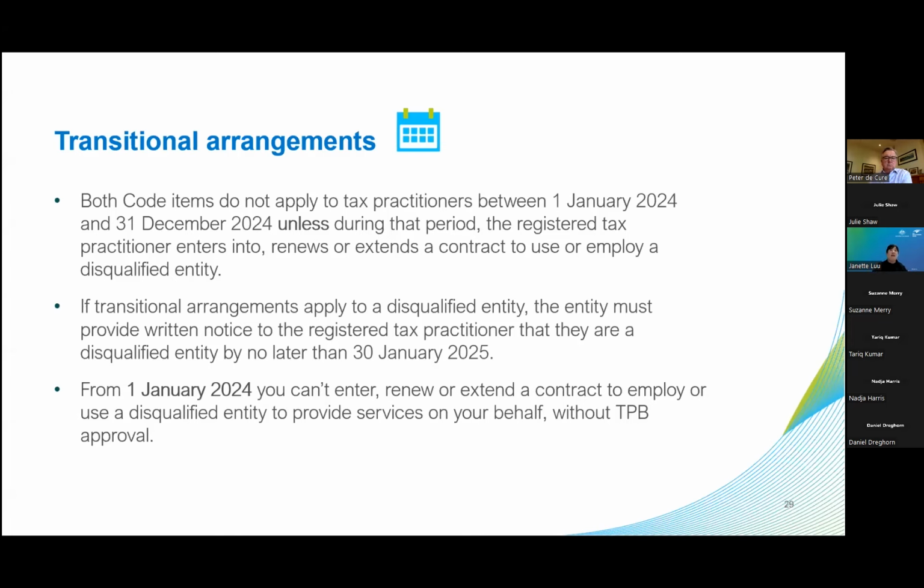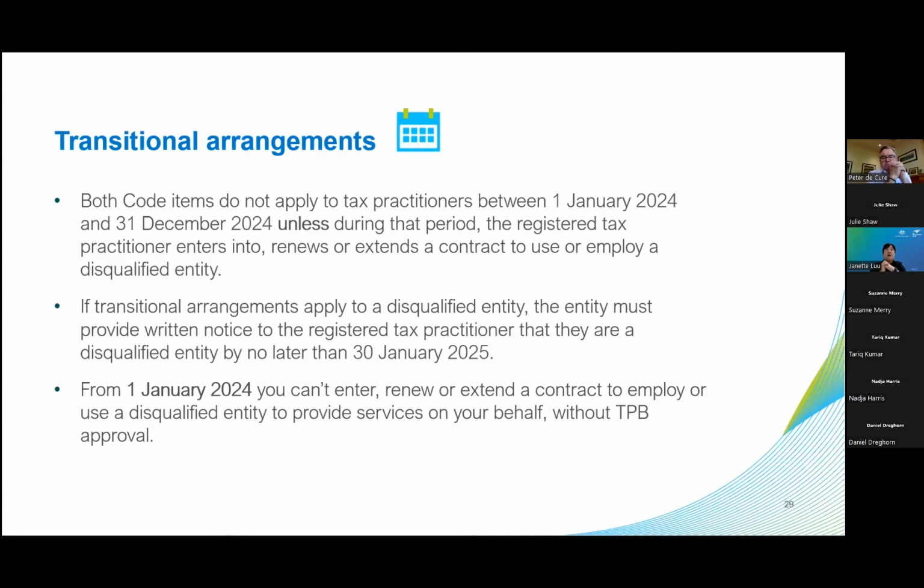In that situation, Peter won't be found in breach of Code Item 15 if he continues to employ me over the next 12-month period. And that sort of recognises that practices need time to come up to speed and change their arrangements to make them compliant with the Code of Professional Conduct. So there's a bit of leeway there built into the legislation.